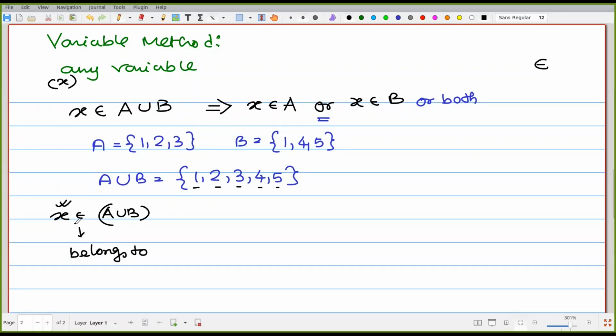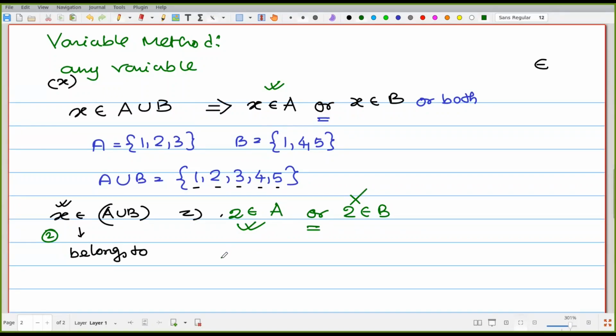Now x means 1, 2, 3, 4 or 5. Suppose x is equal to 2 at the moment. So 2 belongs to A or 2 belongs to B. That one, 2 belongs to B, is not true, but as it is or, that is right.